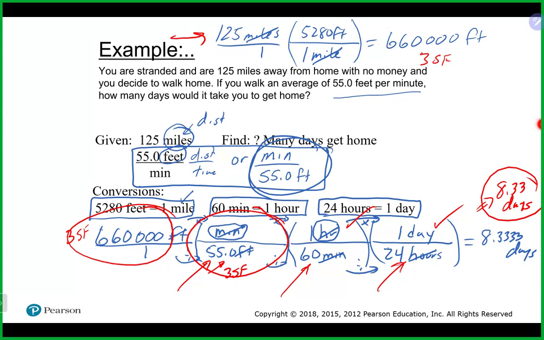It's not like a true conversion, it's just specific for that problem. Or one where you're crossing over from a metric conversion to an English conversion, like 946 milliliters in a quart, or something like that. You would have to look at that number, stuff like that. Or however many kilograms in a pound, get the number in that type of conversion, because it crosses over from the different units. Oh, yes.